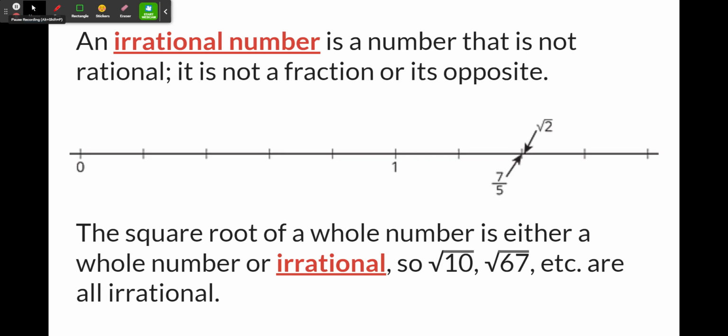The square root of 9 is a perfect square, which would be rational, and the square root of 64 is 8, so that one would also be rational. But 67 is close, but not exactly. These are irrational because the square root of any non-perfect square is going to be irrational.